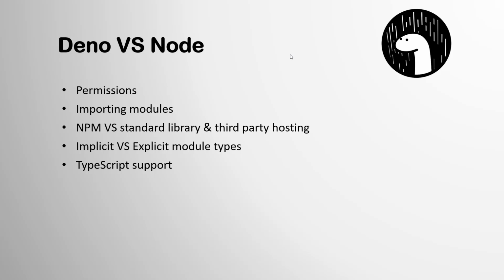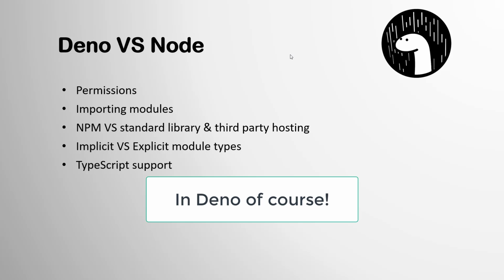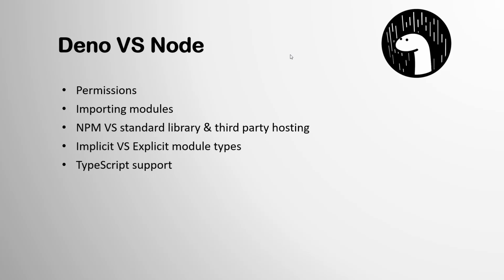So there's TypeScript support. That is a great thing. There's a built-in compiler, which we're going to discuss next. So there's out-of-the-box support for TypeScript, which means that you don't need any external compiler in order to be able to run TypeScript.